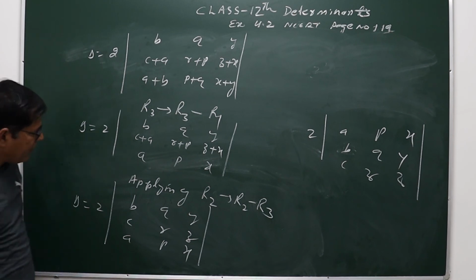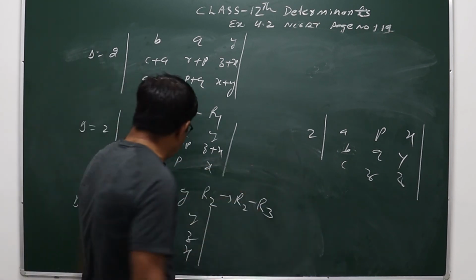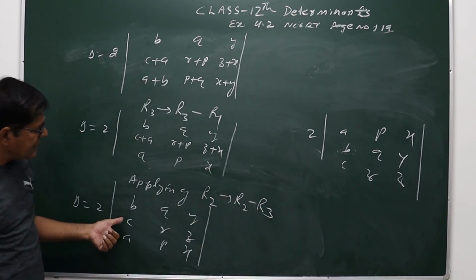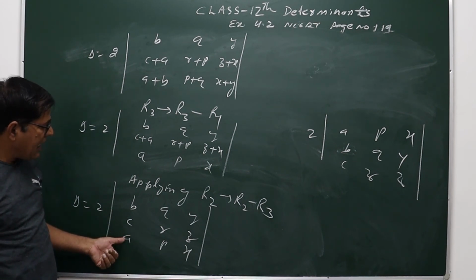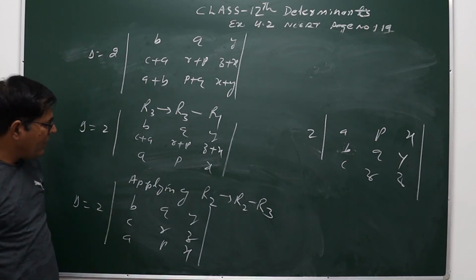So now what we have to do to bring this, we will interchange the second row with the third row and then the second with the first.